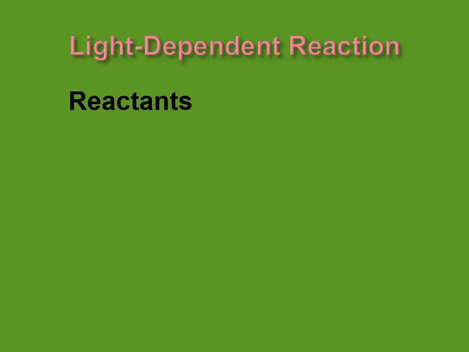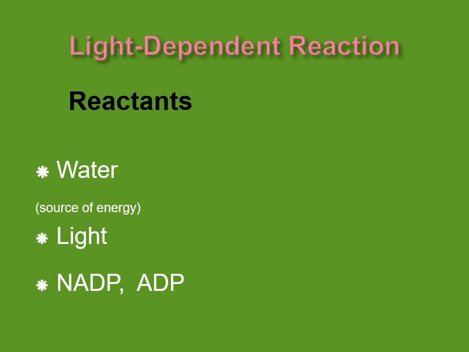So in the light-dependent reaction, the ingredients or reactants are going to be water. We need a light source, of course. It can be natural or artificial. And you need two energy compounds. So energy also needs to be in the form of a chemical compound, and it will be in the compounds NADP and ADP.